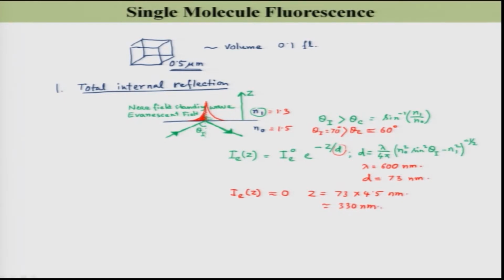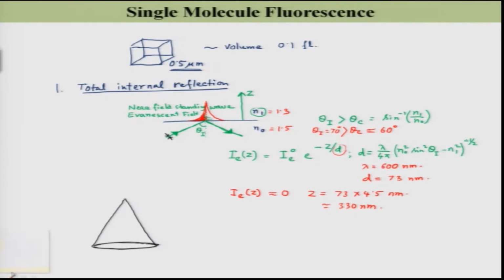That means ultimately I can describe this as a type of cone, where this circle is the spot size of the incoming beam. Here the spot size I have shown is little tiny, now I am expanding it.